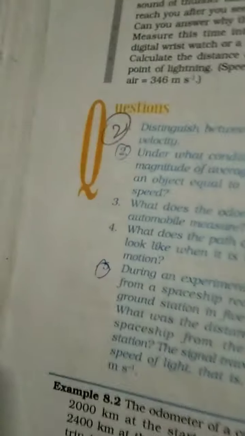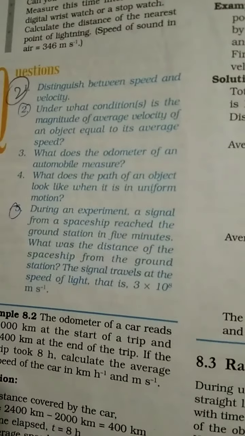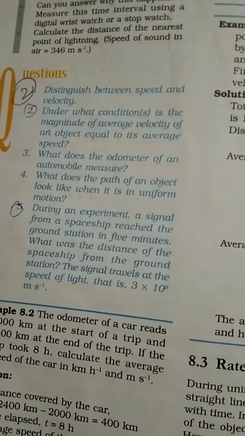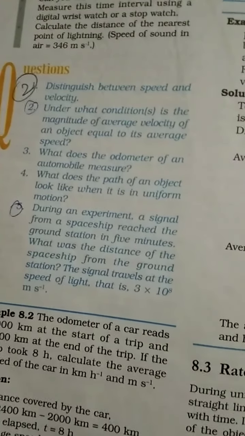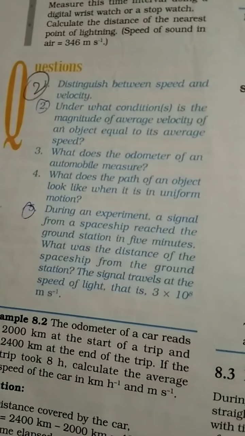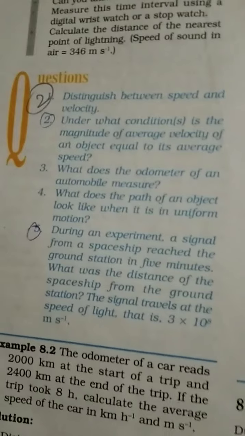Now some other questions are there. First question, distinguish between speed and velocity. Already I have told you. Second, under what conditions is the magnitude of average velocity of an object equal to its average speed?